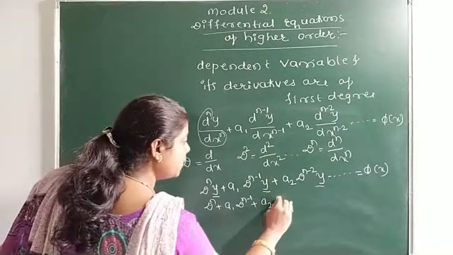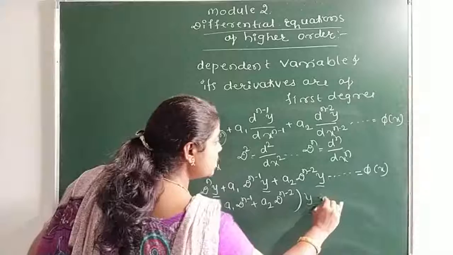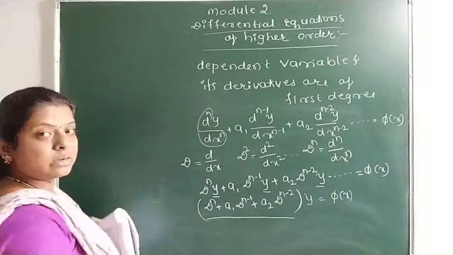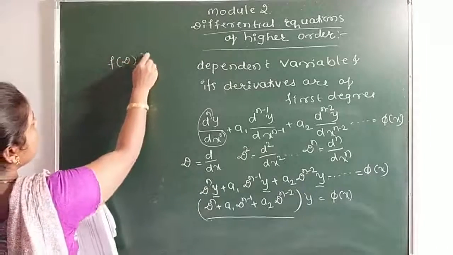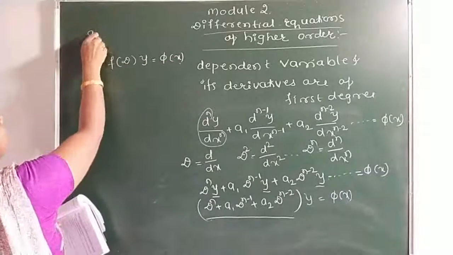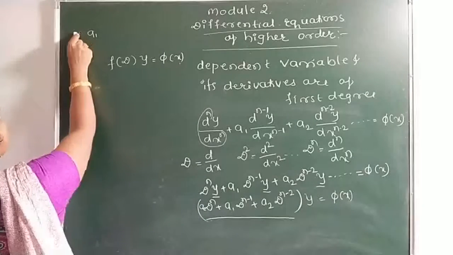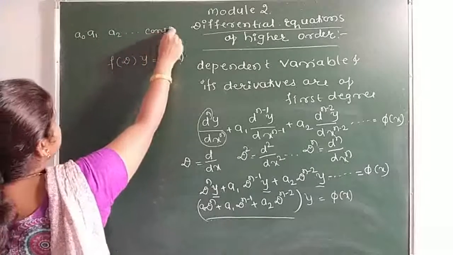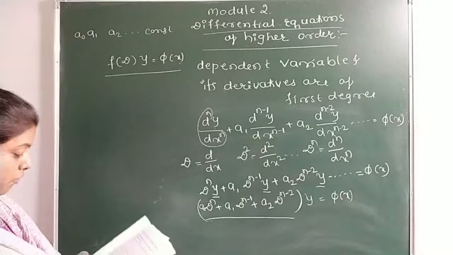This term we indicate with f(D) y is equal to φ(x). Where nothing is written before the first term, we consider a0. a0, a1, a2 are all constants, and f(D) y is equal to φ(x).